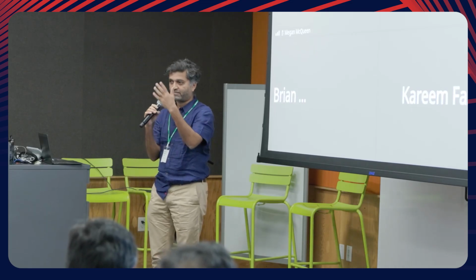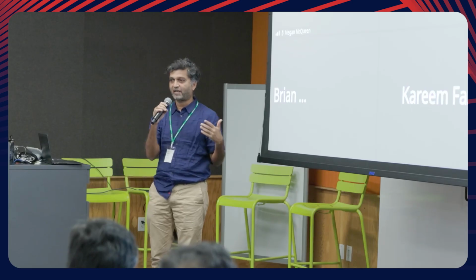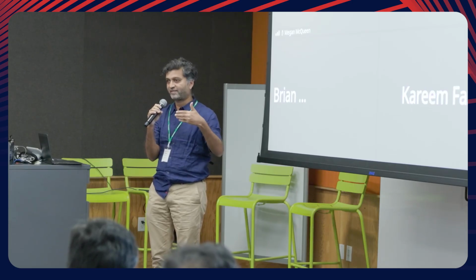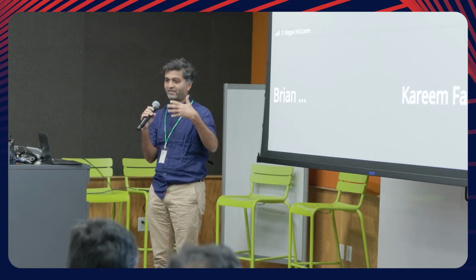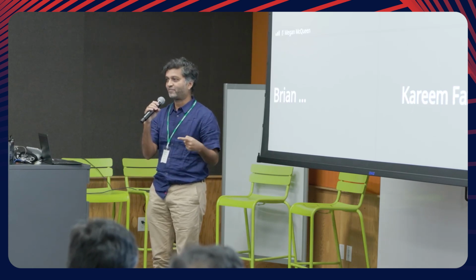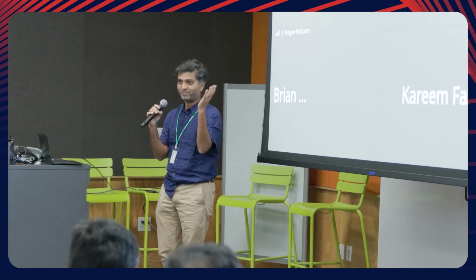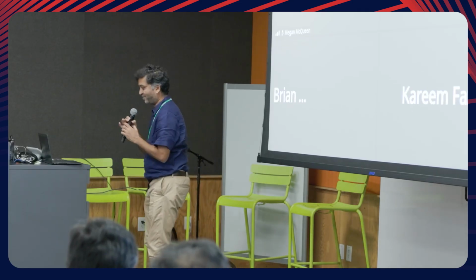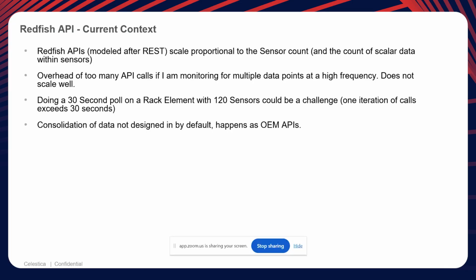Because of my background in networking, I look at things with the prism of data networking. When I look at a Redfish schema, I start thinking, what would a YANG representation of this look like? I can't help it. So the current context of the Redfish API is that the spec gets published as a bunch of URIs, which are essentially scalar.